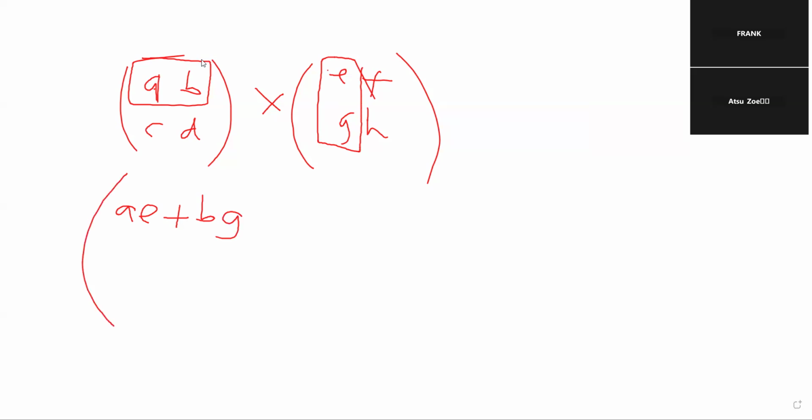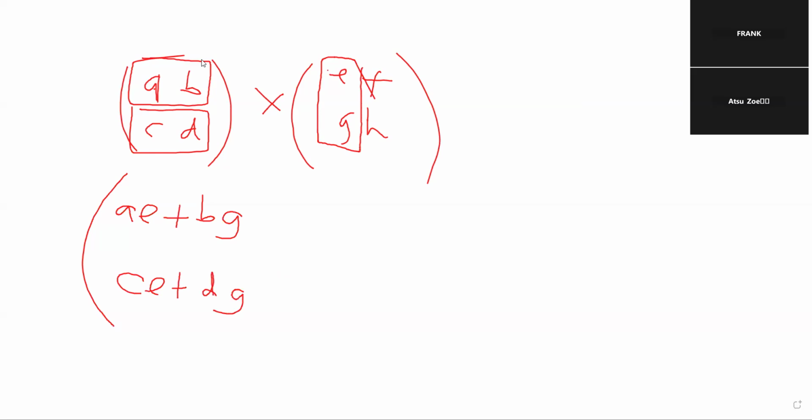If you want to come down, then you take the second row and the first column. So it will be C times what? E, right? Plus D times what? G.